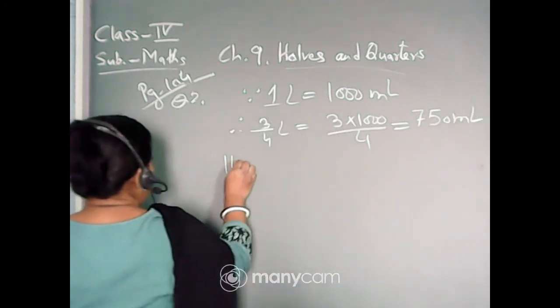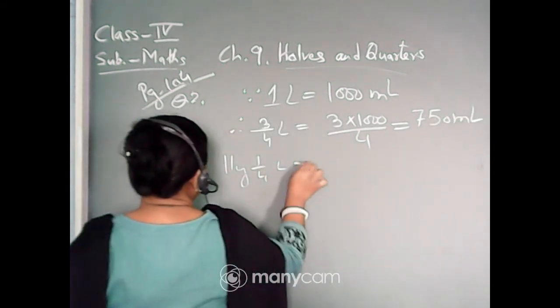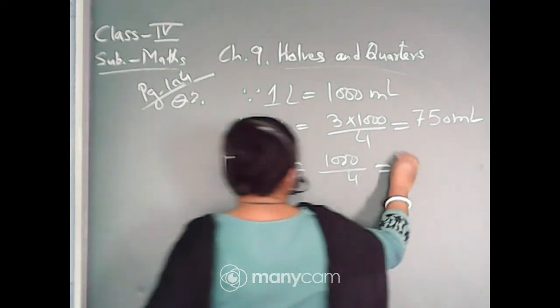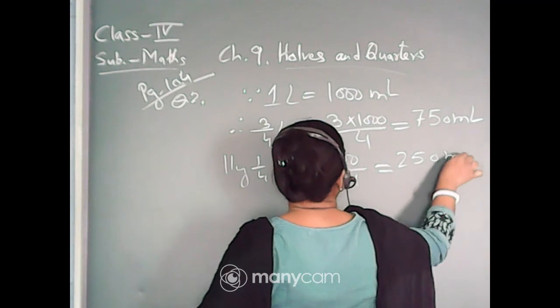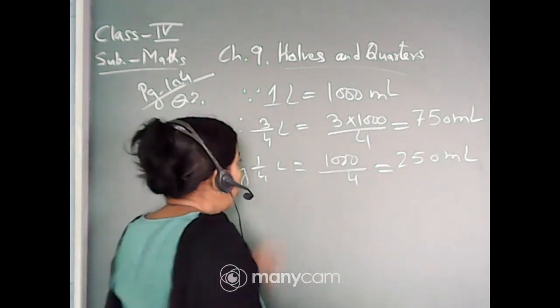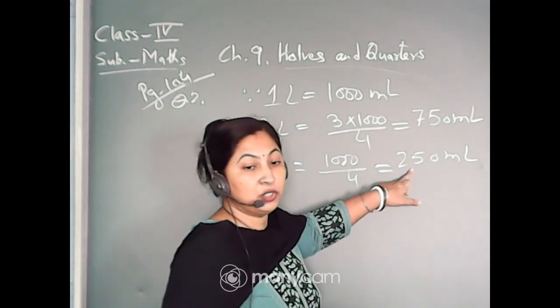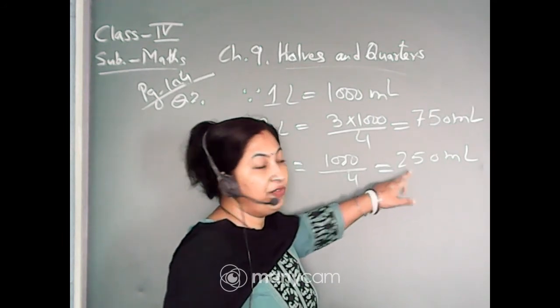And similarly 1/4 liter is equal to 1000 divided by 4, that is 250 ml. Okay, so in the first bottle it is 3 by 4, that means you will shade 750 ml, and in the second bottle it is 250, that means you have to shade 250 ml.